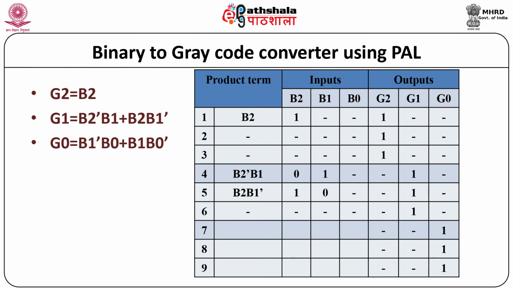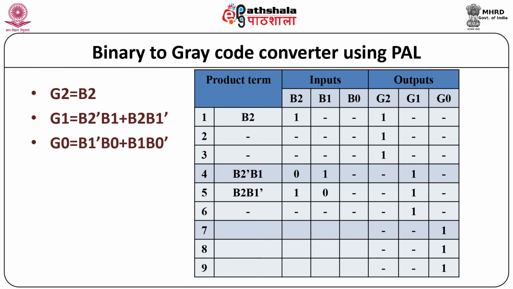On similar lines, other product terms, inputs and outputs can be filled in. Note that presence of uncomplemented term is written as 1, 0 is written for complemented term and dash for absent term. For fourth term B2 bar B1, input B2 is 0, B1 is 1 and B0 is dash as it is absent.